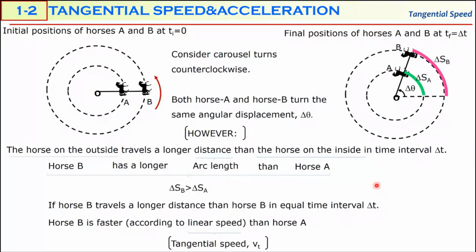As I said, tangential speed is a linear speed. It is the speed you studied in the 11th grade. So you define the motion according to distance. If you define the motion of an object according to the distance traveled by the object, it is called linear speed. And if this motion is on a circular path, now we are defining this linear speed as tangential speed. Why is it called tangential?